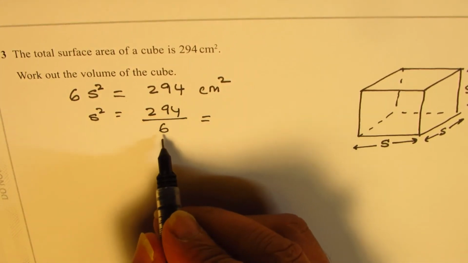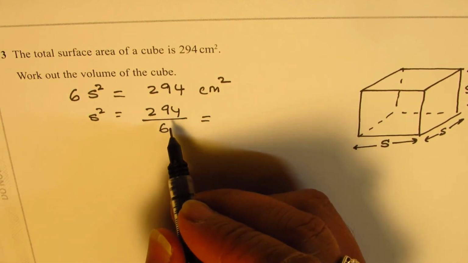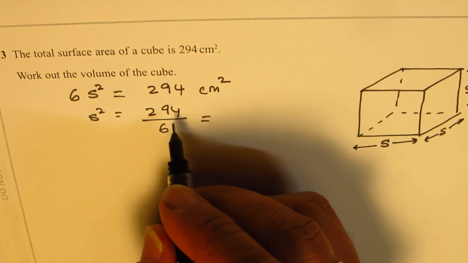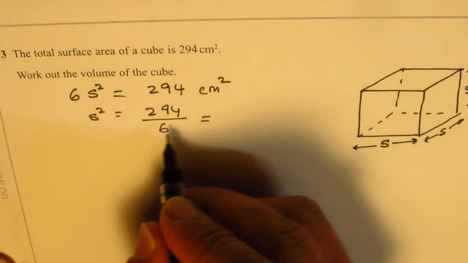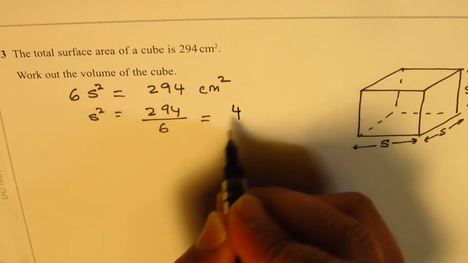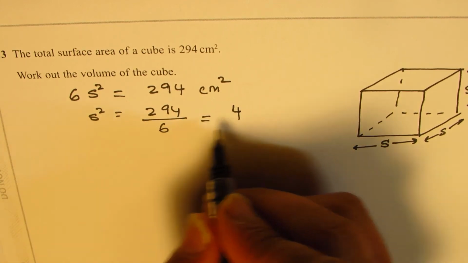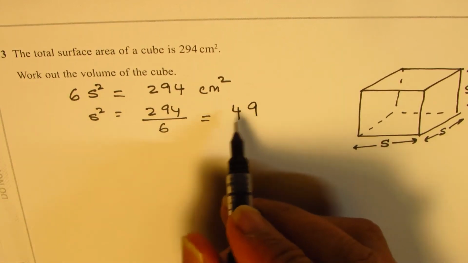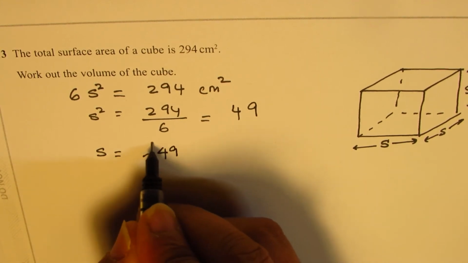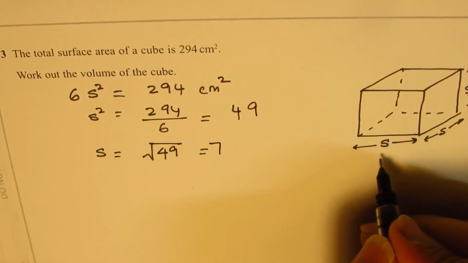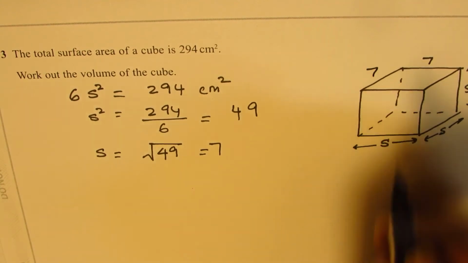So when you divide, 6 goes how many times in 29? 6 times 4 is 24, right? 5 is 30, so one less. So 4 is 24, and then 54 means 6 times 9. So we get 49. So S will be square root of 49, which is 7. So we know each side here is 7 units, right?